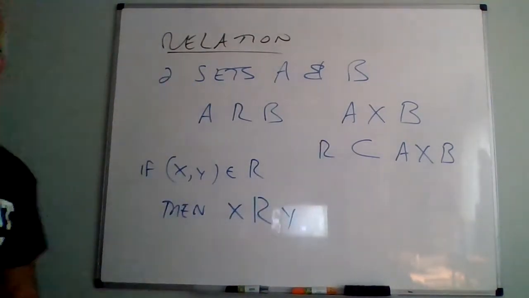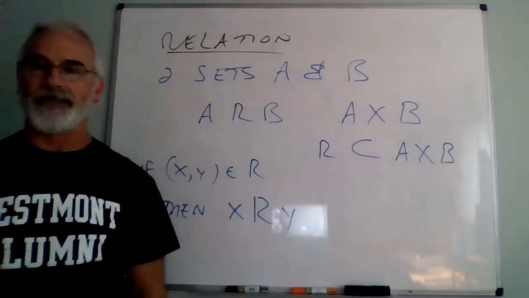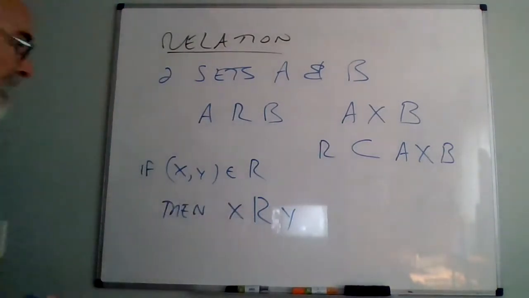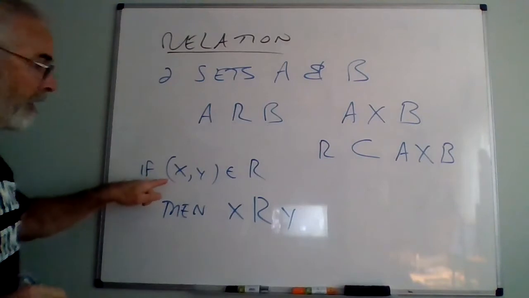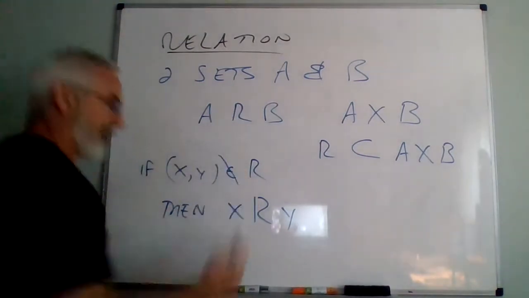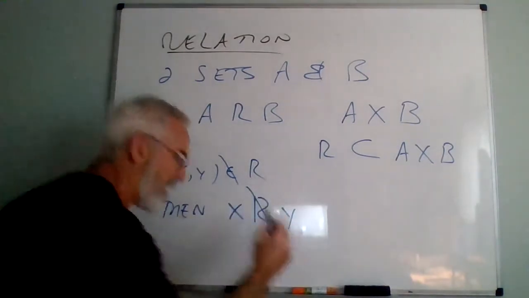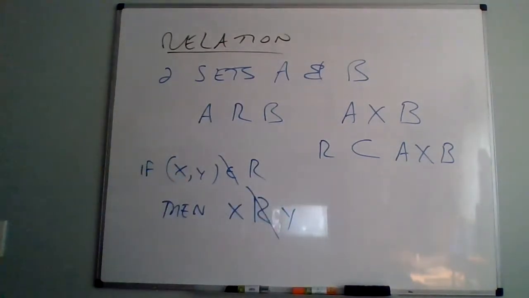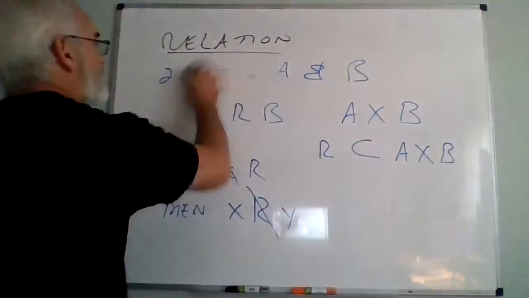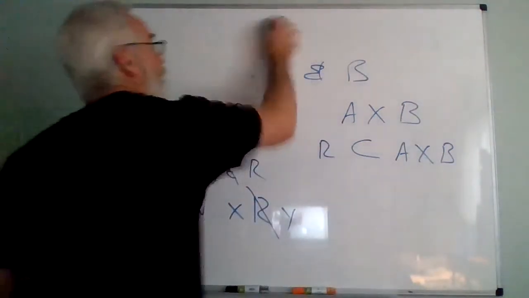X is related to y, okay? That seems like a little bit of overkill, but it's kind of a way of testing things. Now, if the ordered pair is not in R, then we just simply say it's not related. We just kind of cross it off there. Okay, so let's do a couple of examples because this seems very abstract when actually this should be very, very simple.